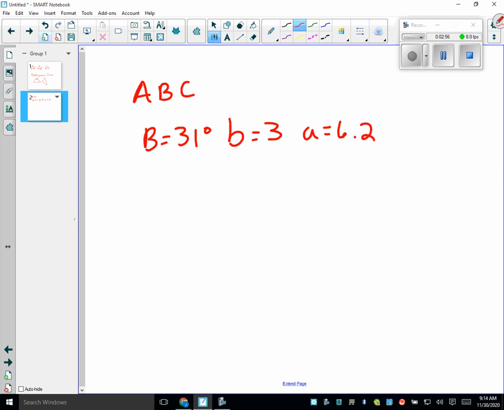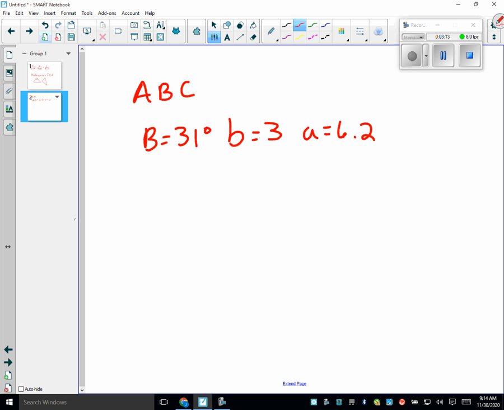All right, here's my information. I have to use law of sines. What should I find first to solve my triangle? Angle A. Do you agree? Angle A. Yep. Everybody agree?